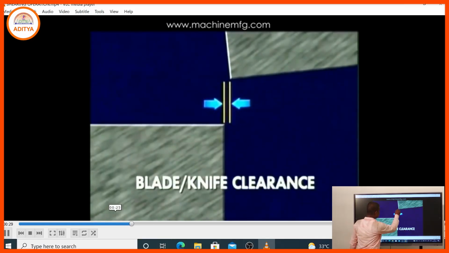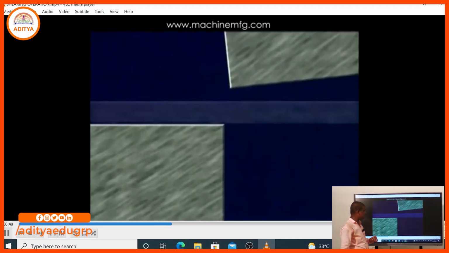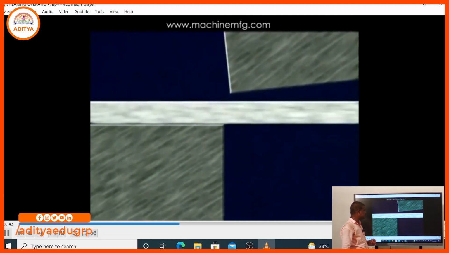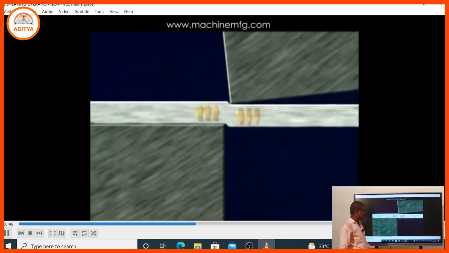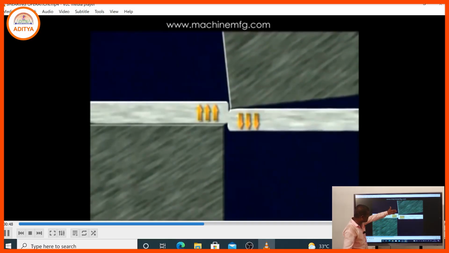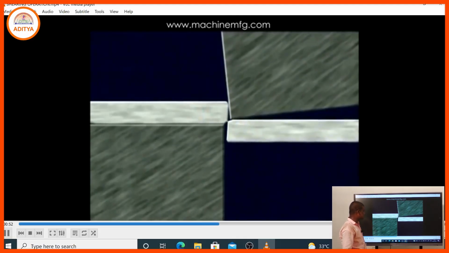Some gap is provided between the two blades. Sometimes we provide greater clearance, and sometimes smaller clearance. Greater clearance creates a burr on the cutting edge. If we take smaller clearance, the cutting edge will be better. In that way the thin sheet is cut. That is the shearing operation.